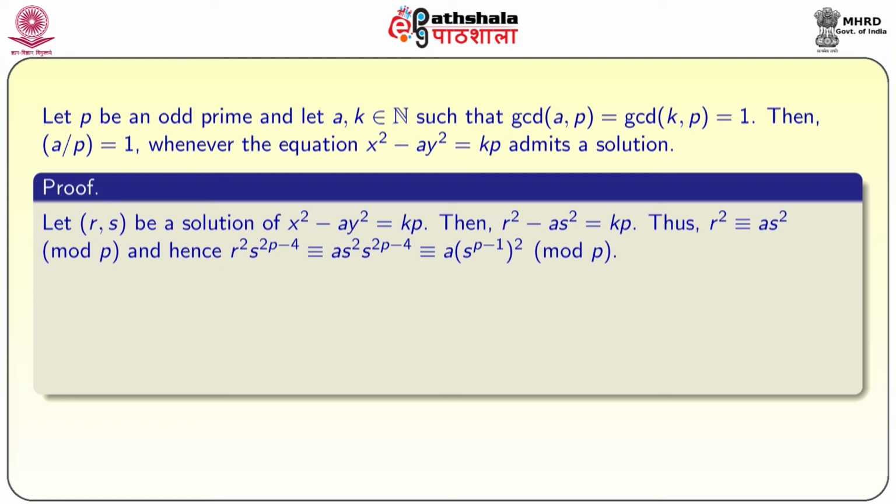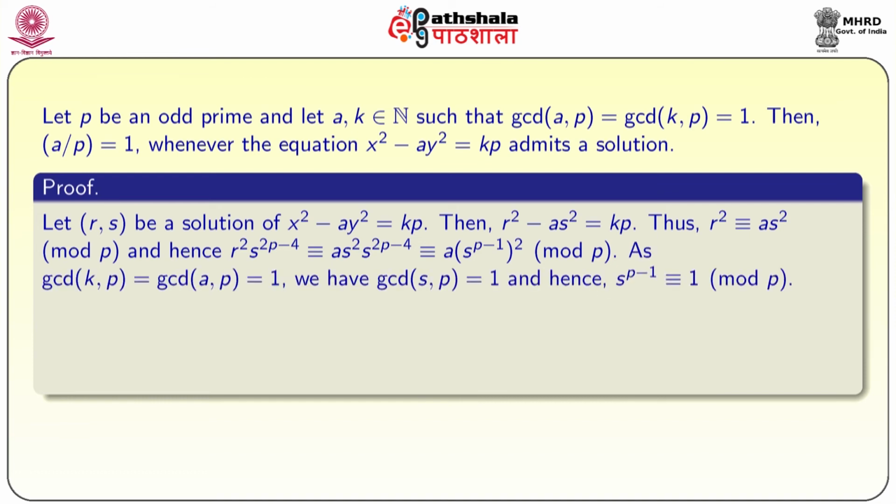Since GCD of s and p is 1, by Fermat's little theorem, s power p minus 1 is congruent to 1 mod p.